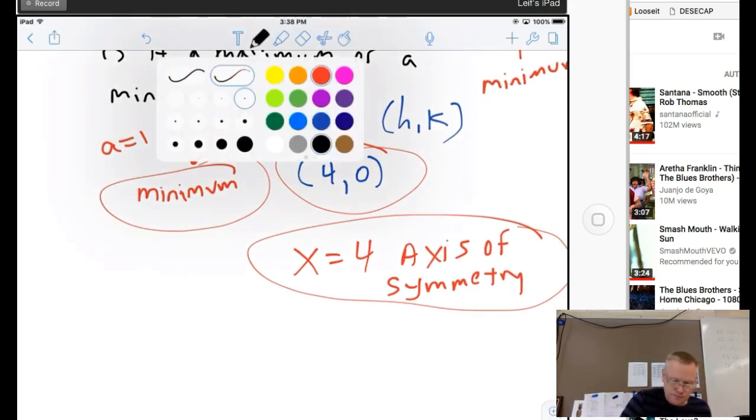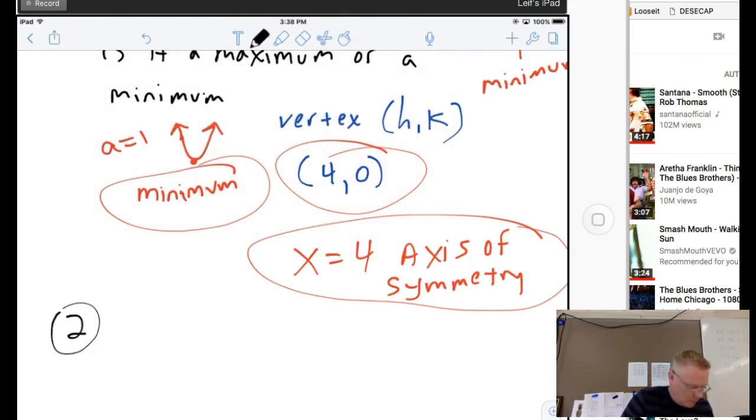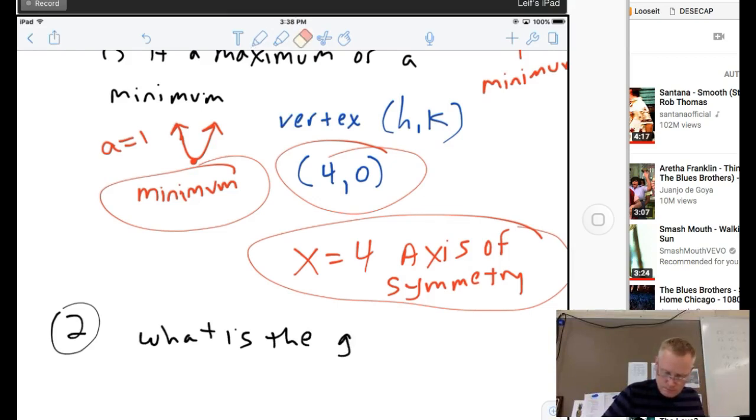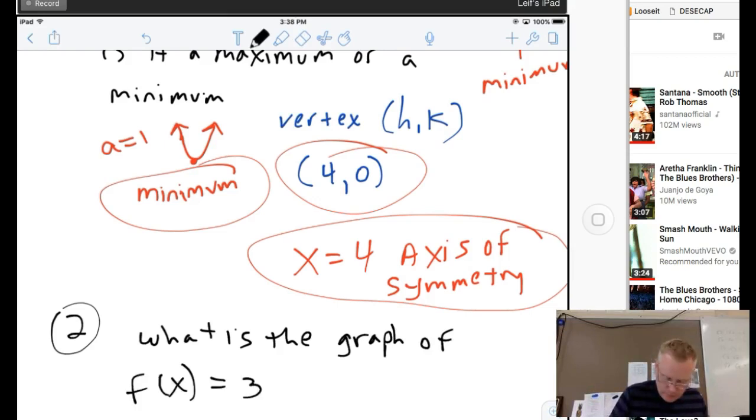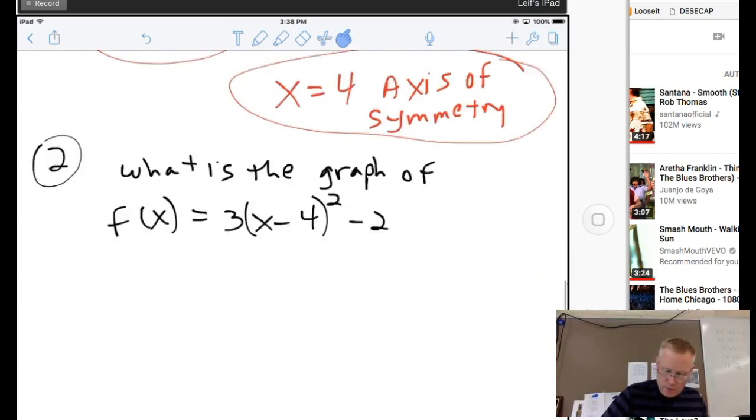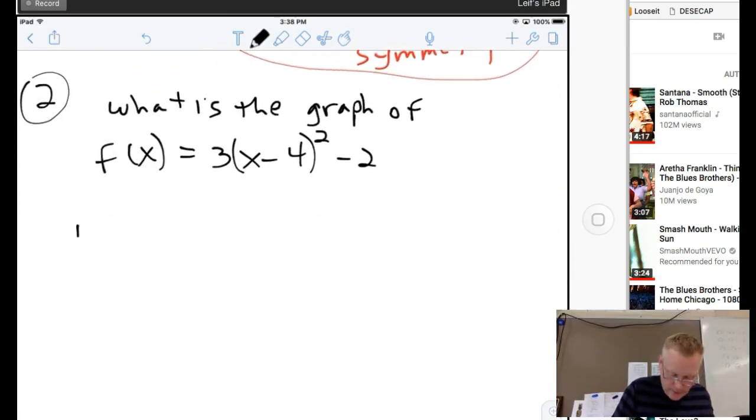Number 2. What is the graph of f of x equals 3 times x minus 4 squared minus 2? And I'm also looking at: is it a maximum or minimum? What is the axis of symmetry?